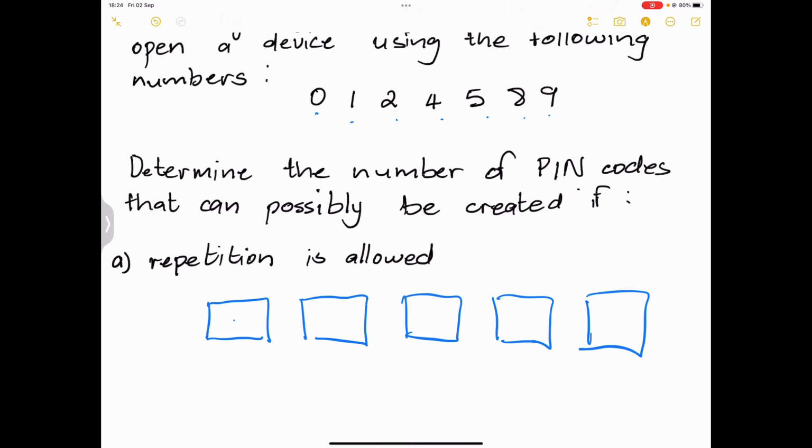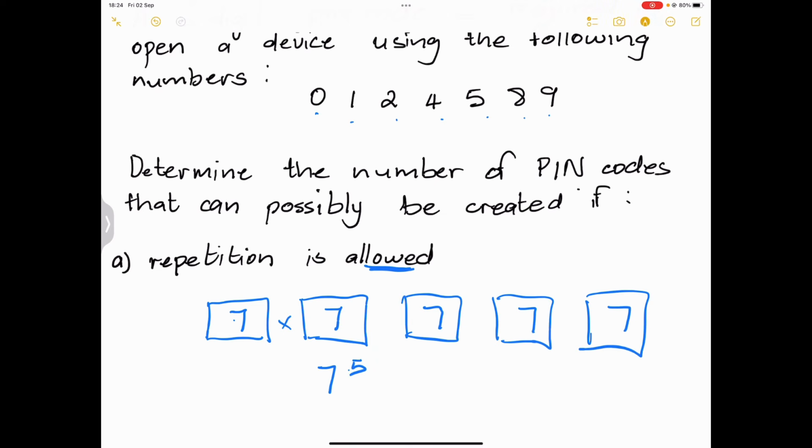So how many numbers can we choose from for the first digit of our PIN code? We can choose from the 7 numbers, right? And again, they said repetition is allowed. So in this case, you can have a PIN code with all the same number. So that would be 7 numbers available, 7 numbers available, and so on. So again, we can use that principle where this is 7 to the power of 5.